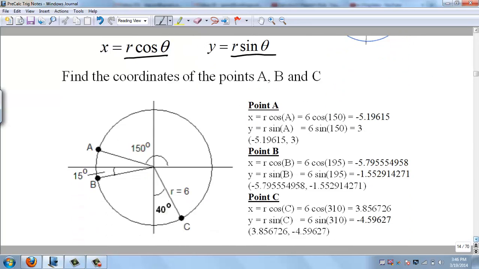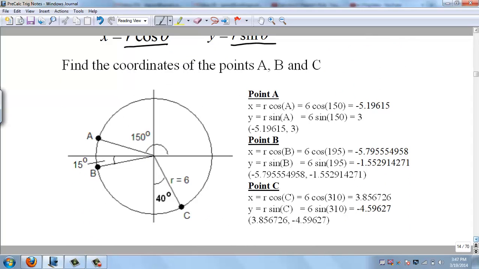So for example, I've got 3 points here that we can look at. I have point A, which is at a 150-degree angle. I want to know what this point is. They tell us the radius of this circle is 6. If it was a unit circle, I would just say cosine of 150, sine of 150.